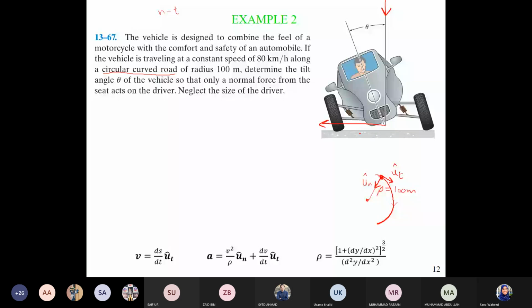So this is my u normal direction, and my tangential is coming out of the plane. And finally, अब हमारे पास वो binormal direction का थोड़ा सा play आना शुरू हो गया, which is going to be perpendicular to both u normal and u tangential. So this is my binormal direction.